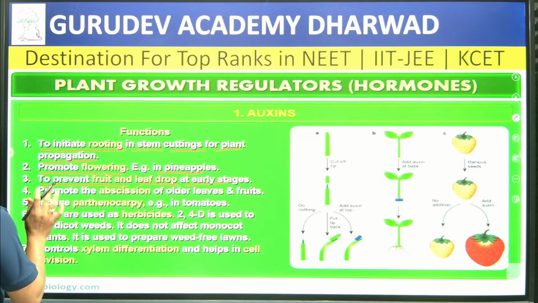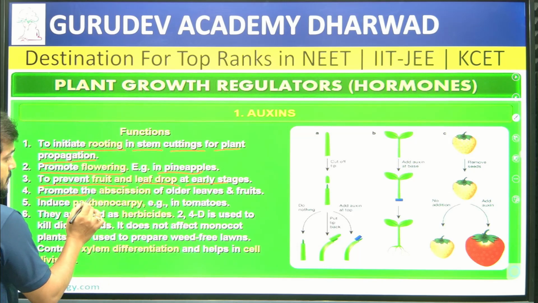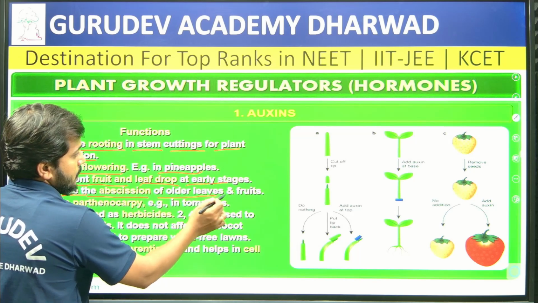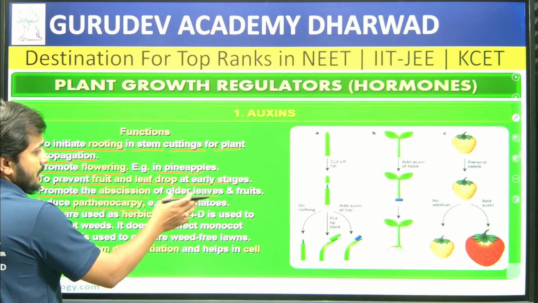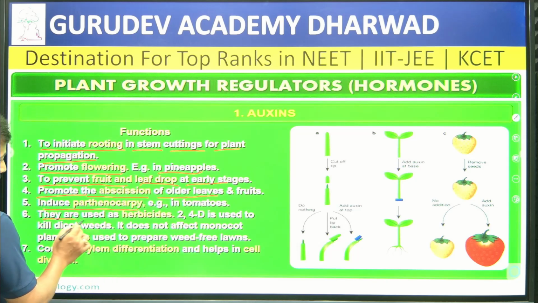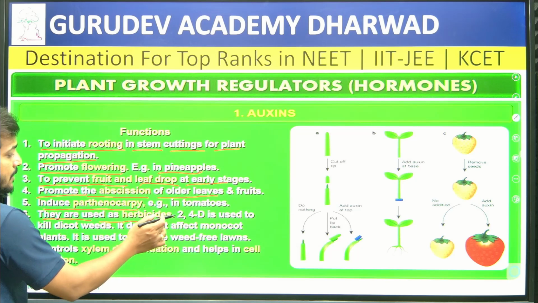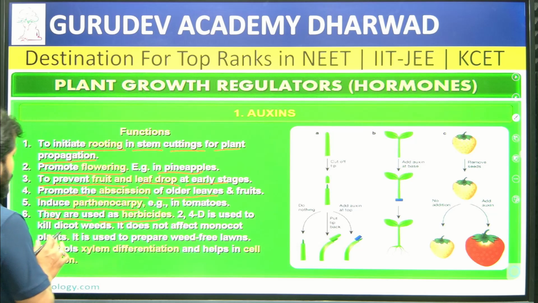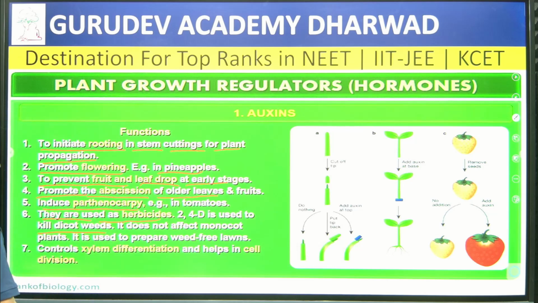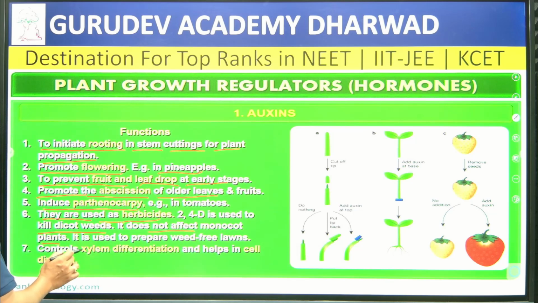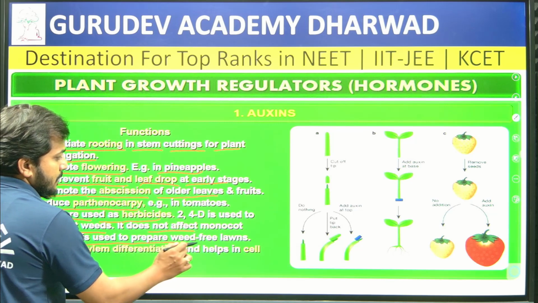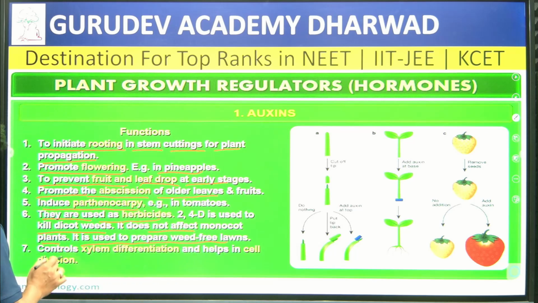It promotes abscission of older leaves and fruits. It induces parthenocarpy, for example in tomato. They are also used as herbicides, like 2,4-D, which is used to kill dicot weeds. It does not affect monocot plants, so it is used to prepare weed-free lawns.